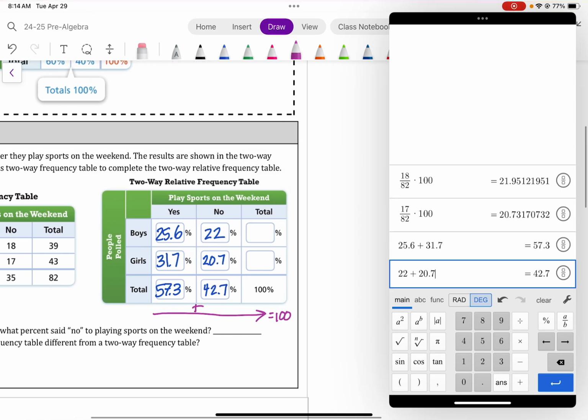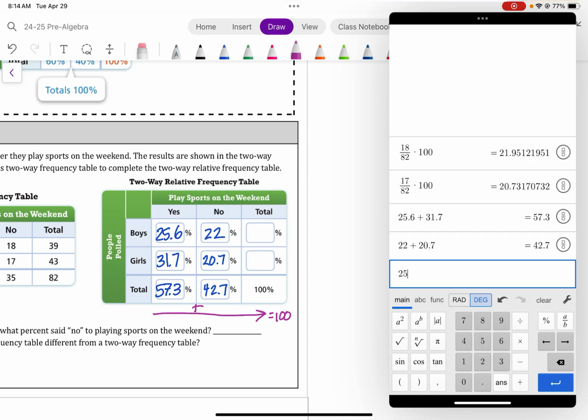So now we'll add the percentages from the boy row. 25.6 plus 22 is 47.6. And we'll add the girls, 31.7 plus 20.7, so 52.4.